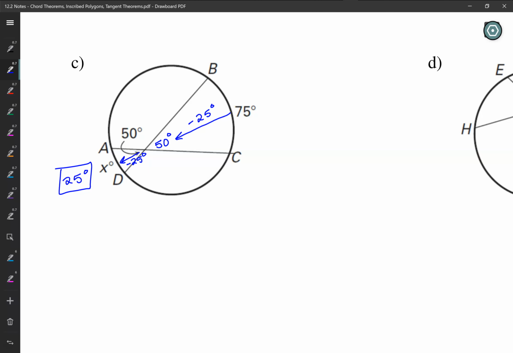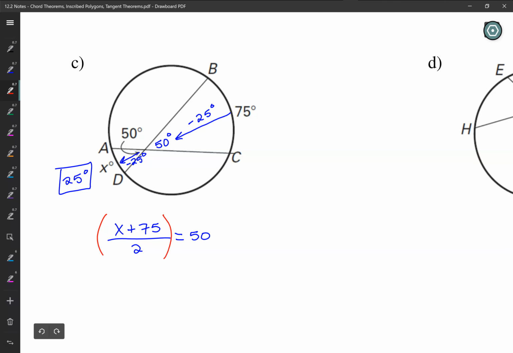Now there is another way of doing this, but it is way harder. The other way of doing this is set up an equation. And that is to say, okay, well, if I add the two arcs together, x plus 75, and I divide by 2, I get 50. And then you have to solve the equation for x. Well, you can do that. It works, but it takes so much more time.